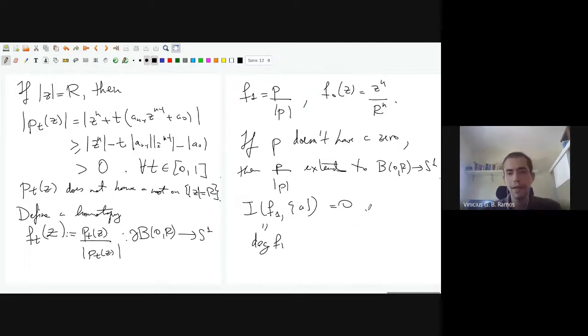Okay? But on the other hand, the degree of F_0, we computed that this guy is not 0. In fact, this is n. So if n is different from 0, then we have a contradiction.